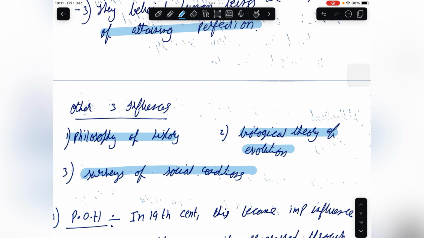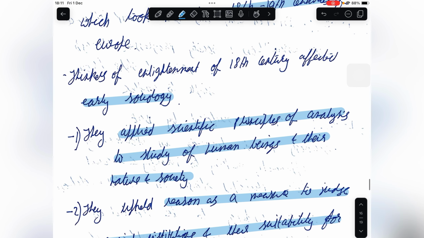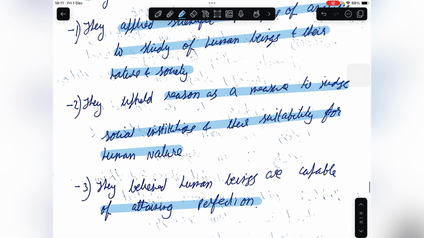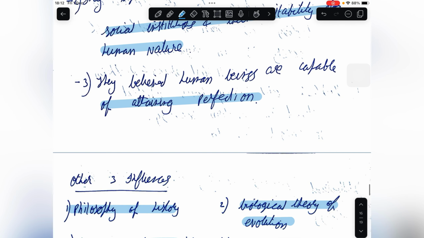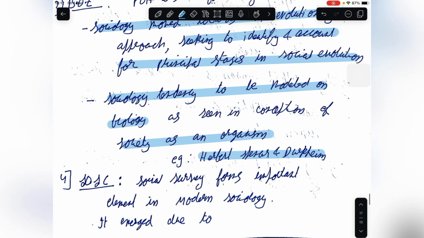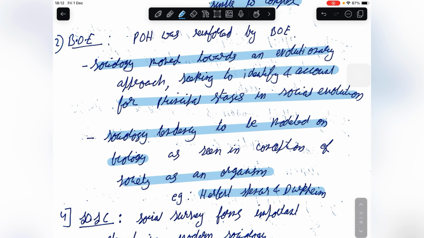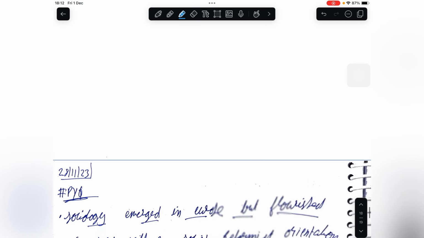So basically, the intellectual forces, if we summarize, are the scientific principle of analysis and rationality as a measure, belief that humans are capable of attaining perfection, philosophy of history, biological theory of evolution, and survey of social conditions. So that is the Enlightenment period, emergence of sociology, and intellectual factors influencing the emergence of sociology. We have covered those topics.